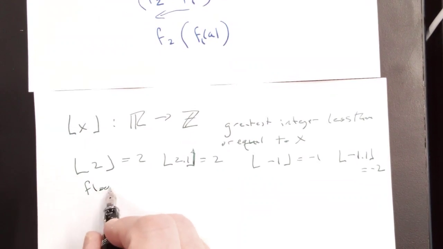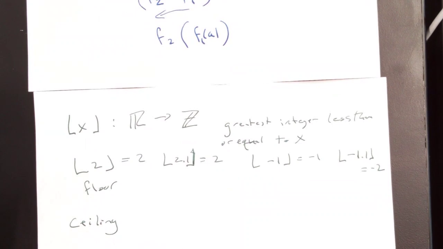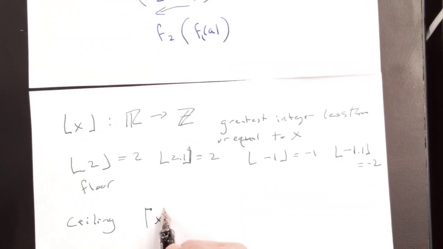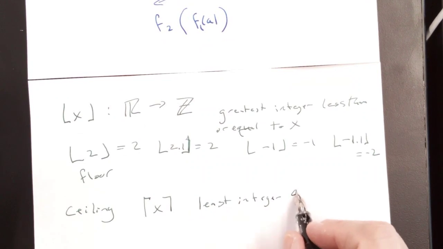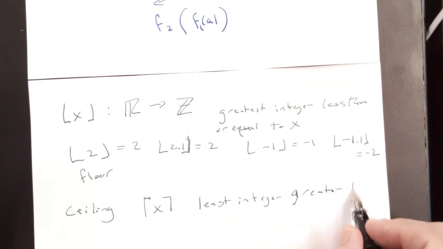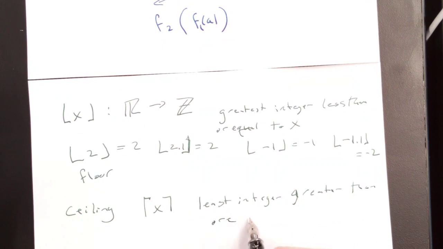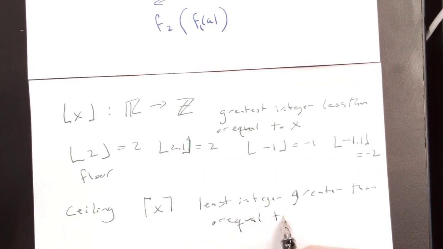Floor. So what do you think ceiling does? Rounds up. I'll use the symbol with a little roof instead of a floor. Least integer greater than or equal to x.